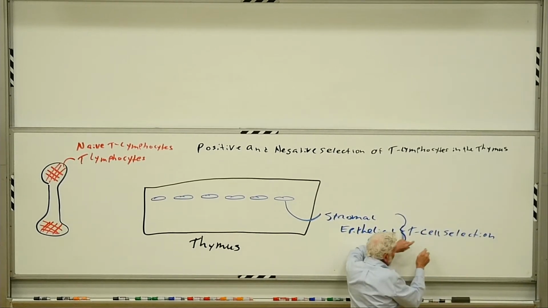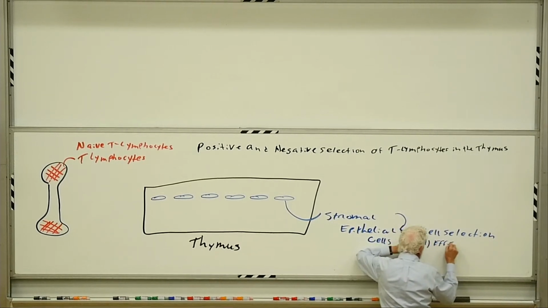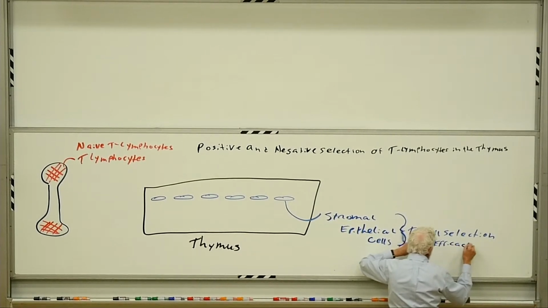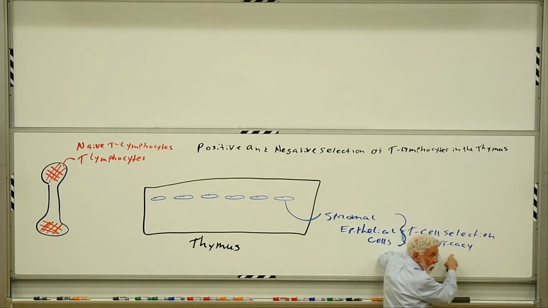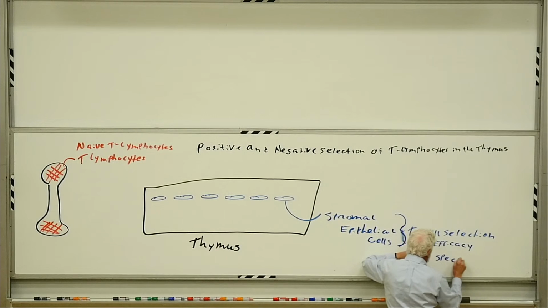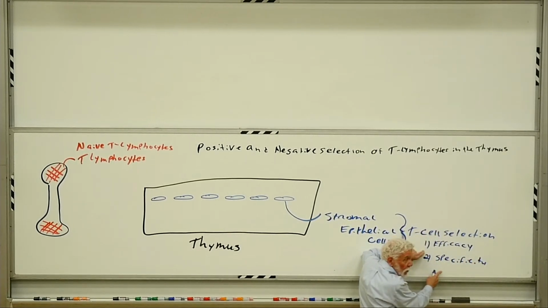And this T cell selection is first for efficacy. That means, are these T cells effective? And second, for specificity. And that's going to be, what kinds of proteins can they see? That's where we're headed with this.